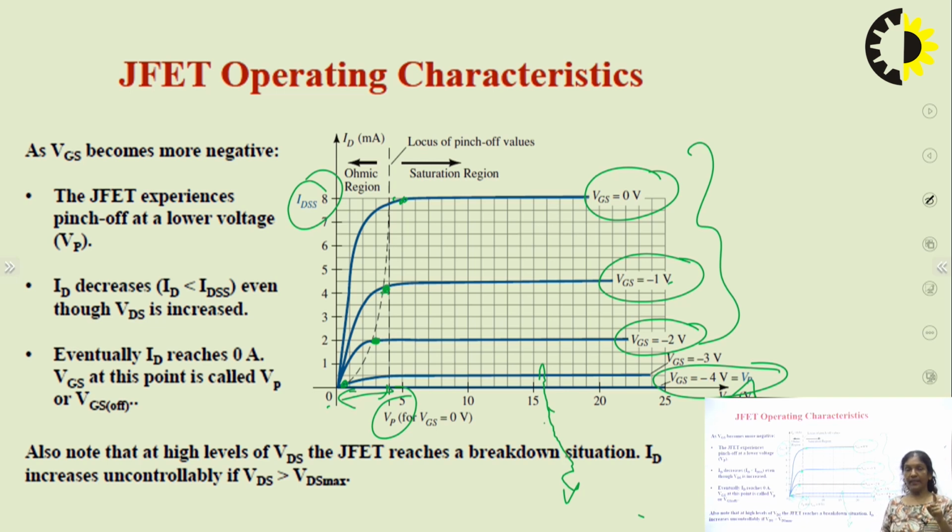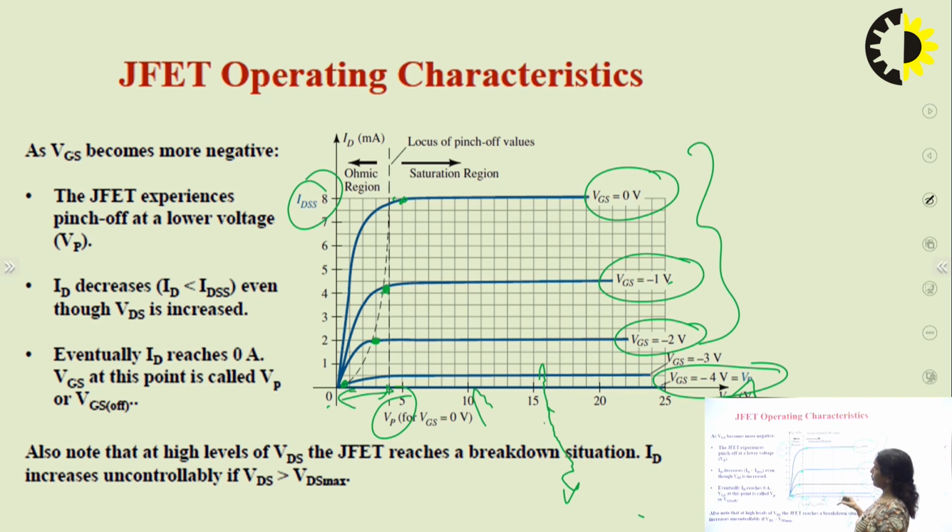Not only the current, but also the resistance of the field effect transistor can be controlled with the help of the gate to source voltage. That is the reason it is called a variable voltage resistor. And it acts as an amplifier in the saturation region.